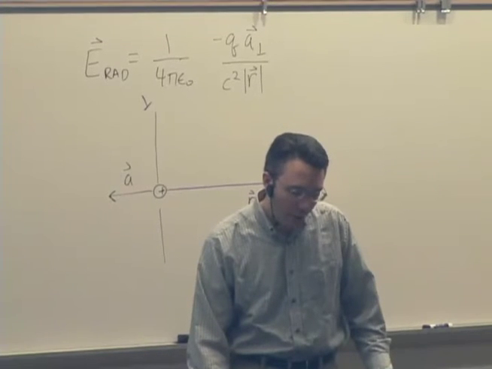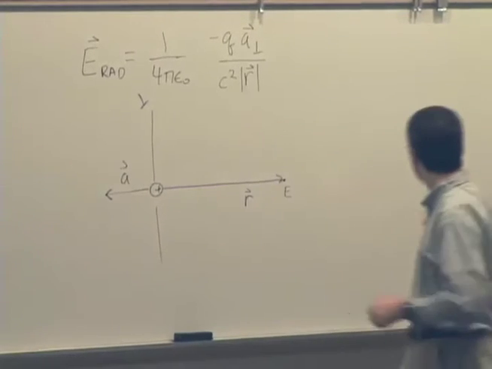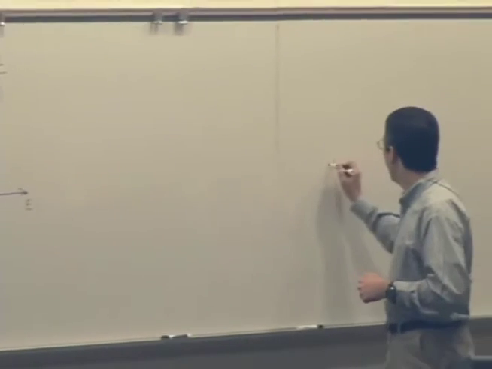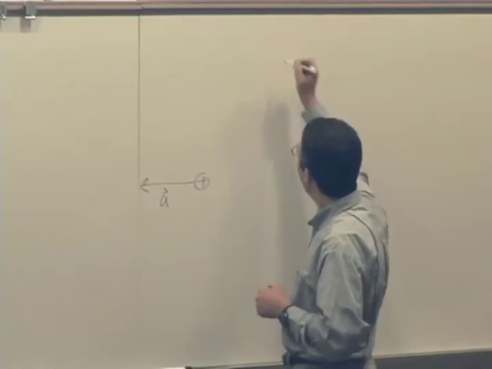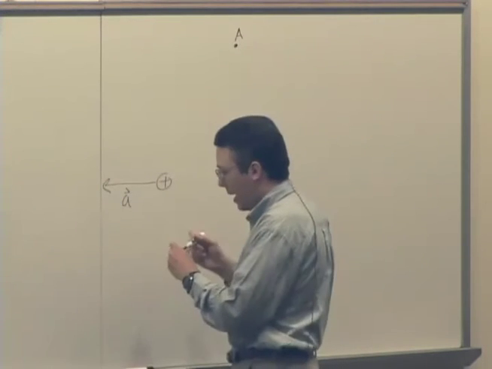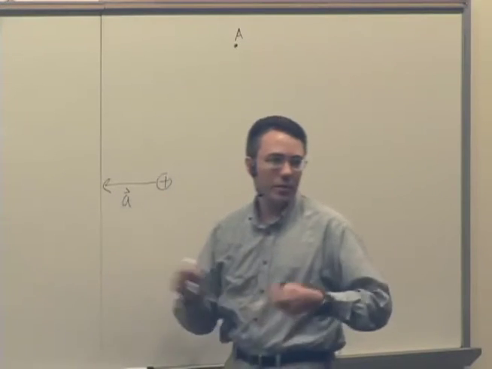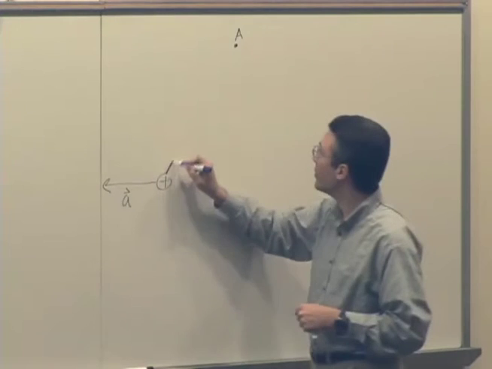That would be the direction of the Coulomb electric field. So we're talking about 4 or 8, and the question is, how do we get the sign right? We have a charge accelerating that way, and here's the location, we'll call it A. The first thing you do is draw R, which points from source to observation location.